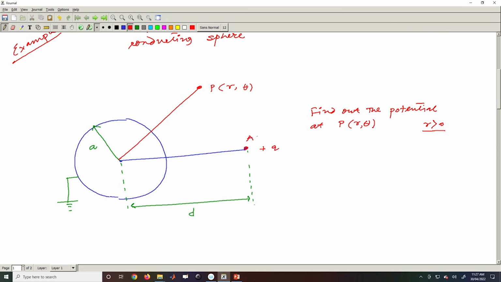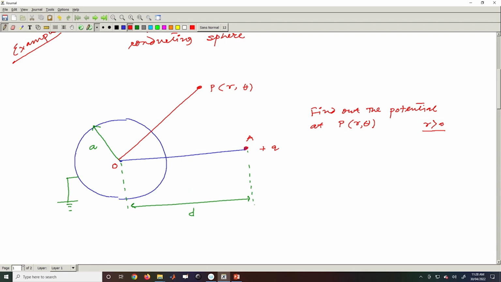Say this point is A and this is the origin O, let us put some names. The potential at point P is due partly to the point charge plus q, which is already there, and partly to the induced charge over this sphere. So, there are two contributions like before.